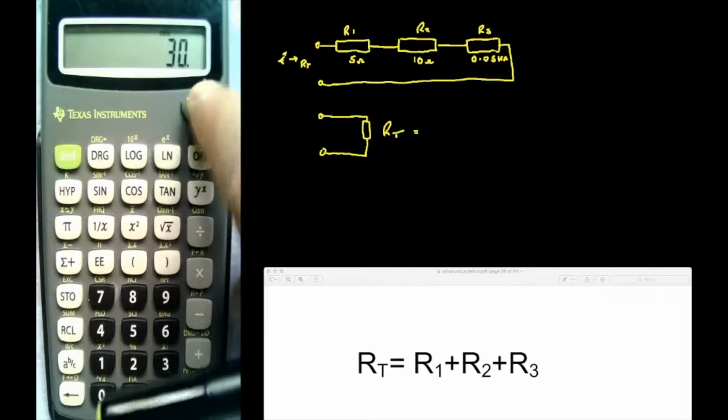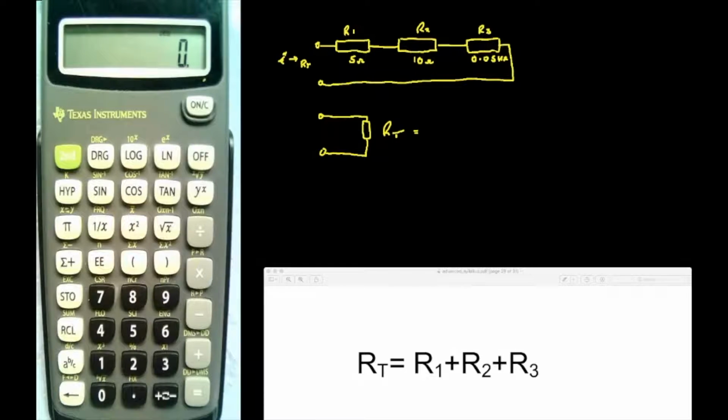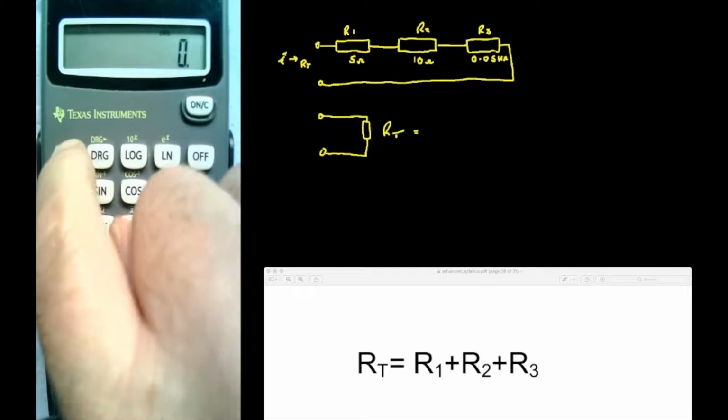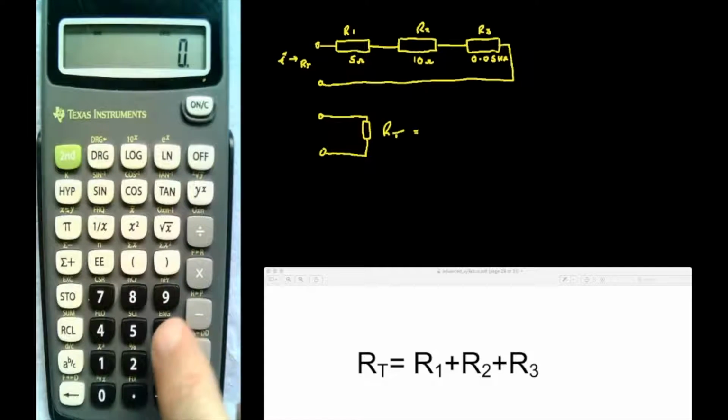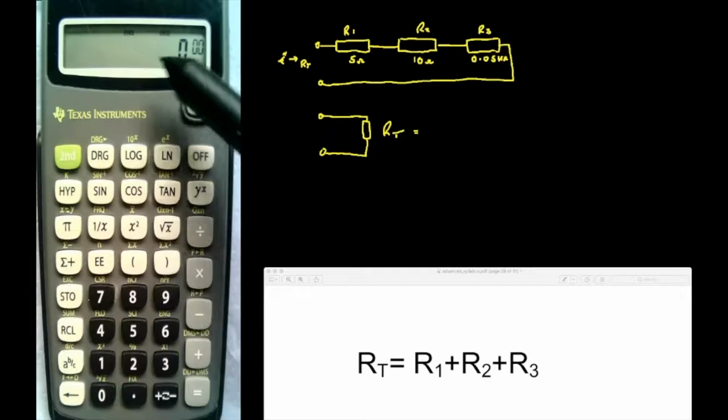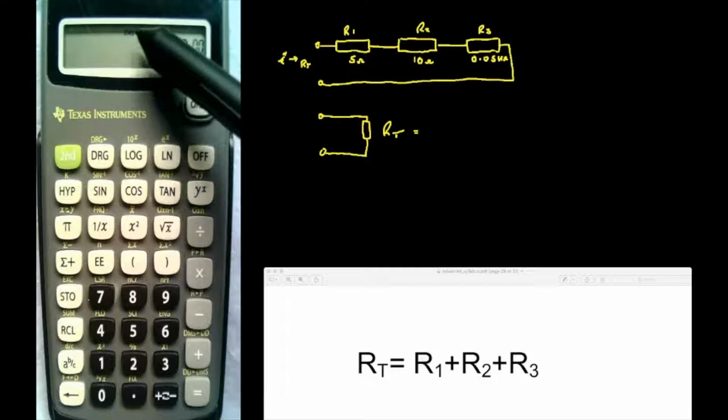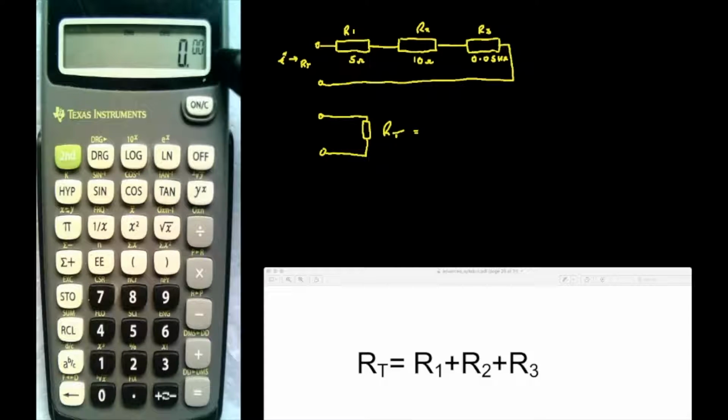Well, we could press all clear, and we're going to be using engineering notation. So we would switch the calculator into engineering notation. That's second function ENG, which is the 6th key, and we can see the calculator is in ENG mode because the enunciator is up there, and we'd also see the 2 little zeros there indicating that it's in engineering mode.